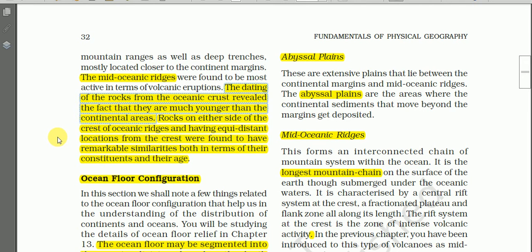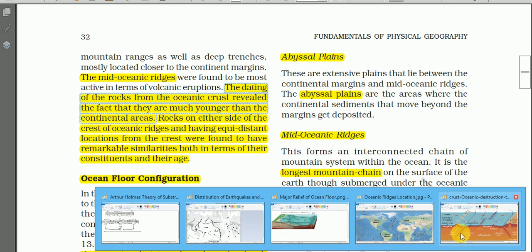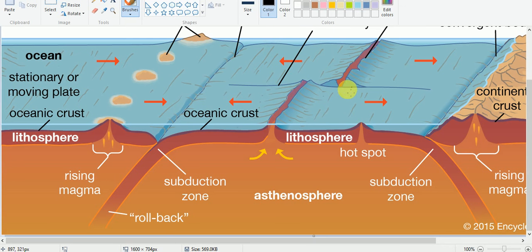That means the age of the rocks on the oceanic crust is much younger than the rocks found on the continents. That is the point mentioned here.